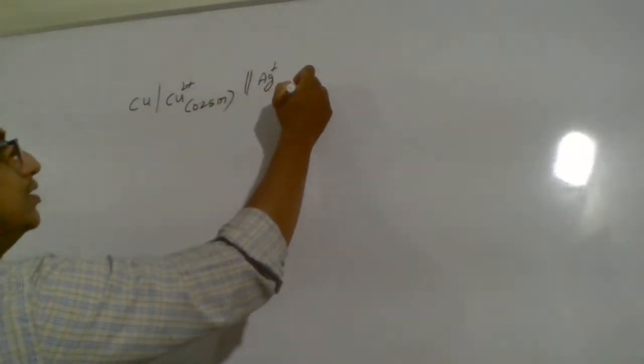The cell representation they have given: Cu | Cu2+ 0.25 molar, and the double bar represents the salt bridge, Ag+ 0.6 molar | Ag. What are the values they provided?